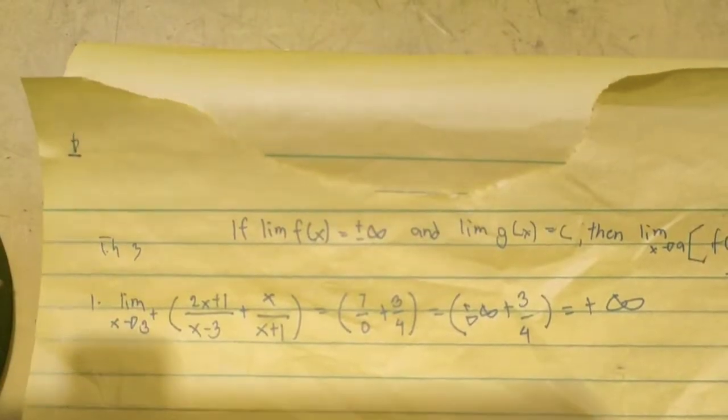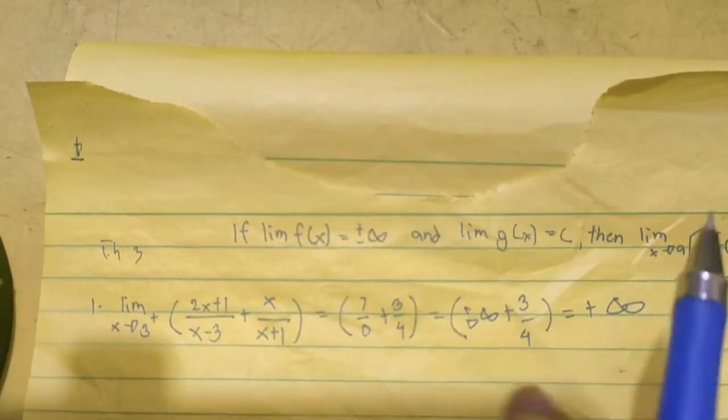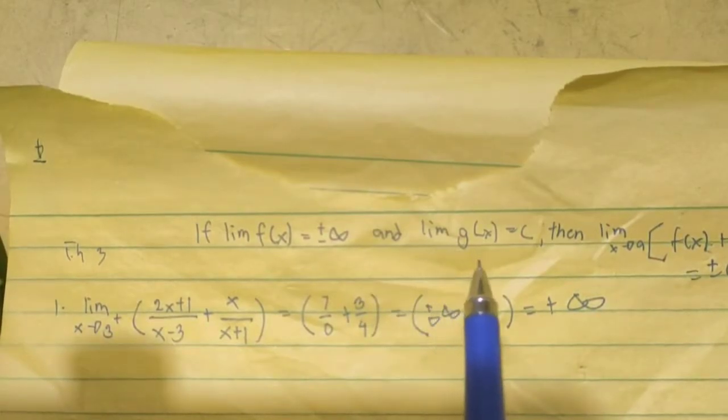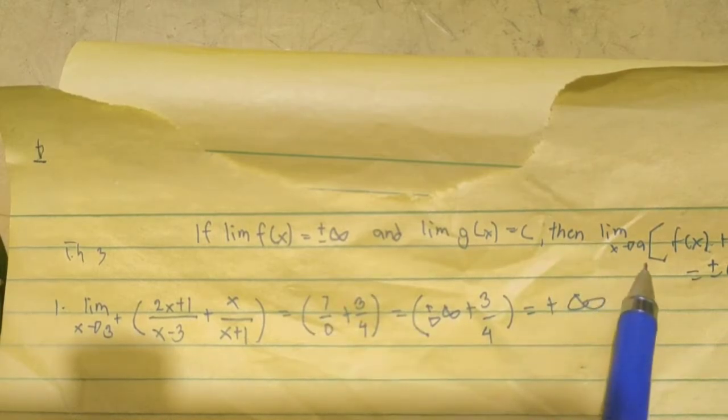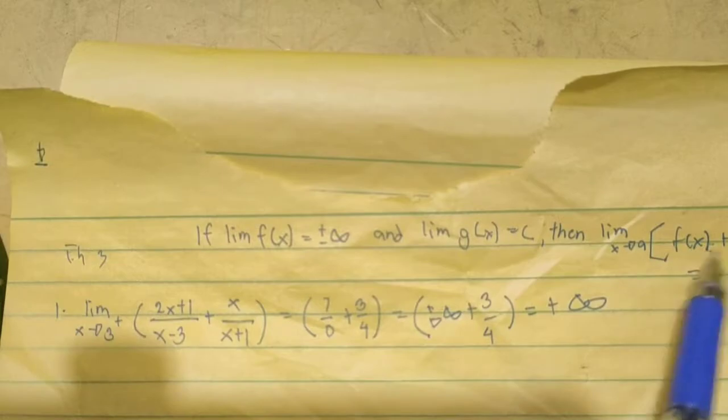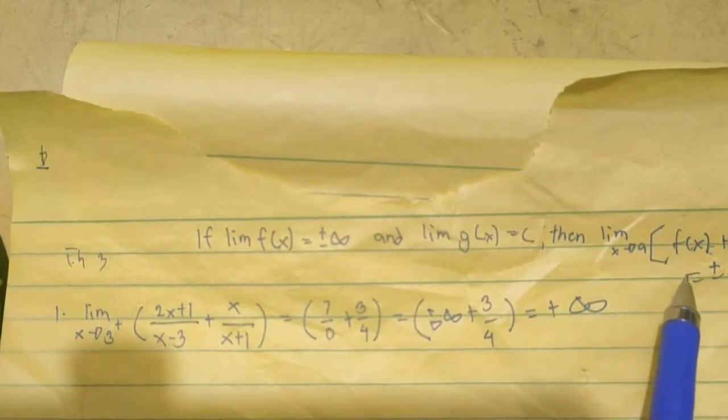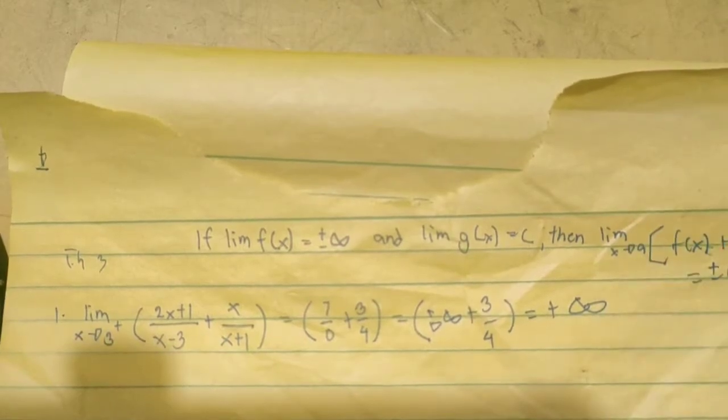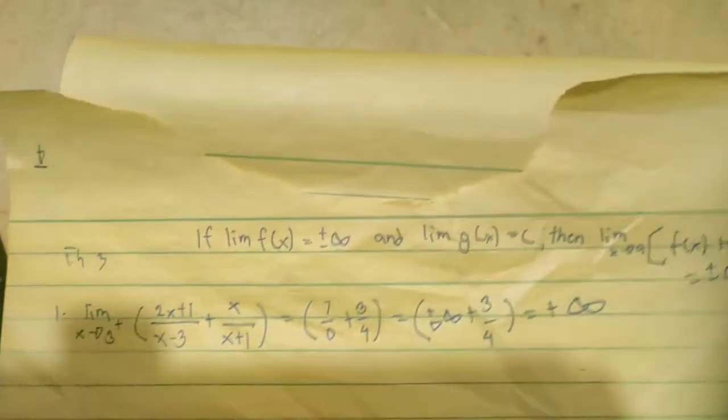In theorem number 3, if the limit of f of x equals positive or negative infinity and the limit of g of x equals a constant, then the limit as x approaches a of f of x plus g of x equals positive or negative infinity. So, in order to understand well, I will give you an example. So, example number 1.